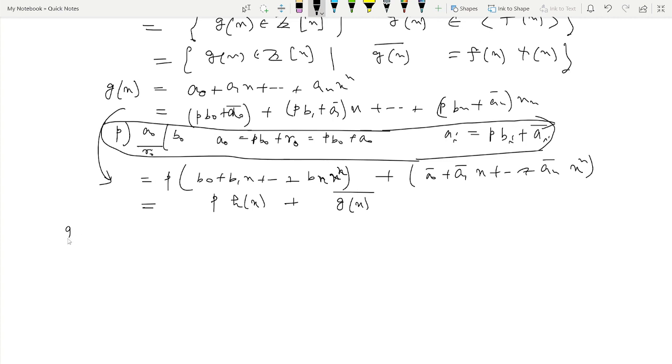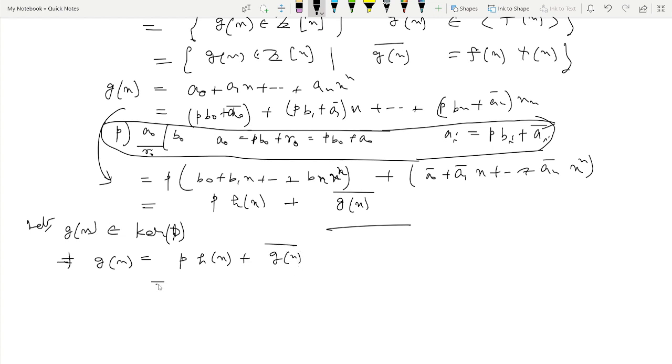So now if we take any g(x) belonging to ker phi, then we have to see the structure of this g(x). This g(x) is actually the polynomial we just got, p into h(x) plus class g(x). Since g(x) belongs to ker phi, we also have that class g(x) will be of this form, some multiple of f(x), so f(x) into psi(x).